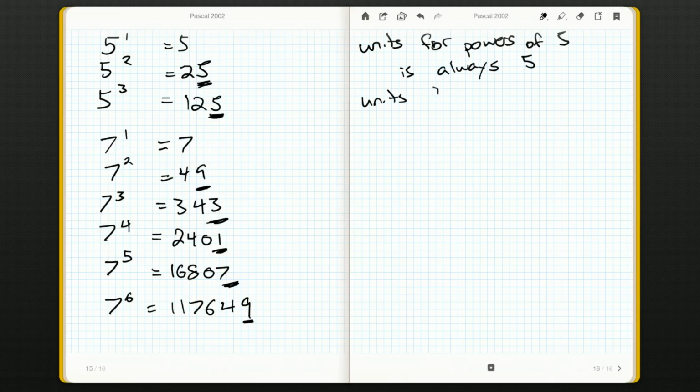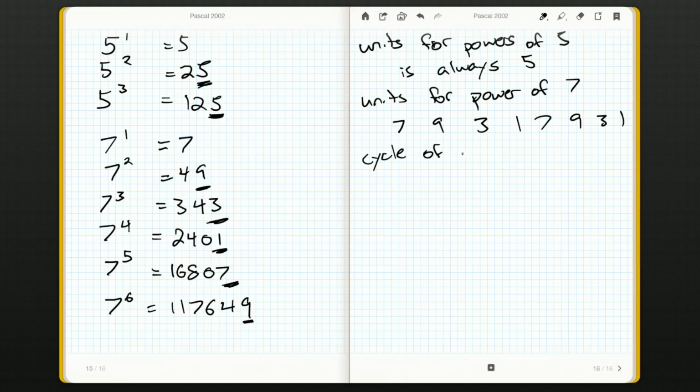The units digit for powers of 7 goes 7, 9, 3, 1, 7, 9, 3, 1. And it all depends on what your power is. So it's a cycle, and it has a period of 4. So it repeats every 4 steps.